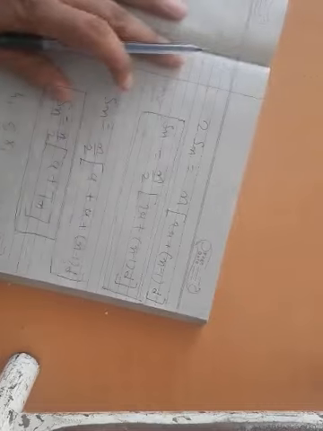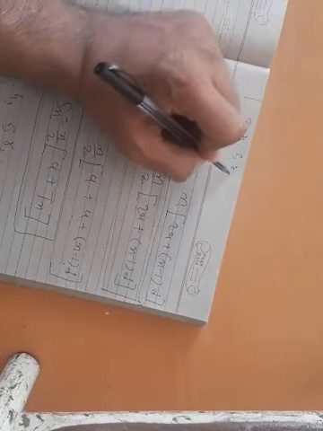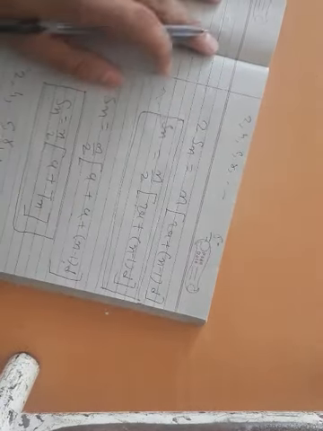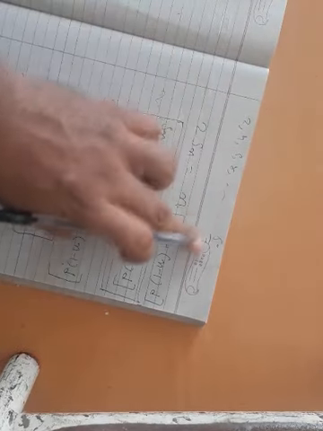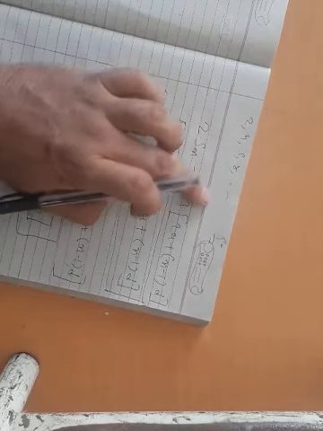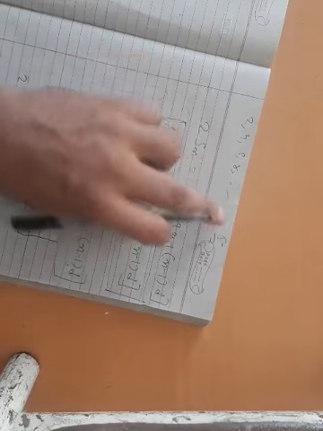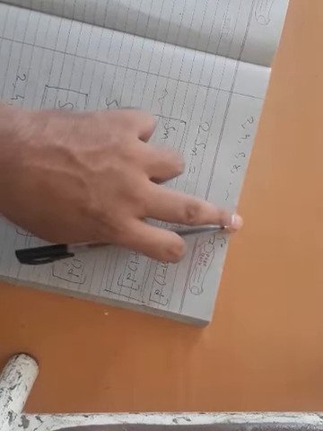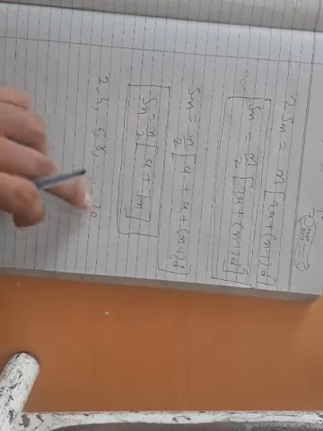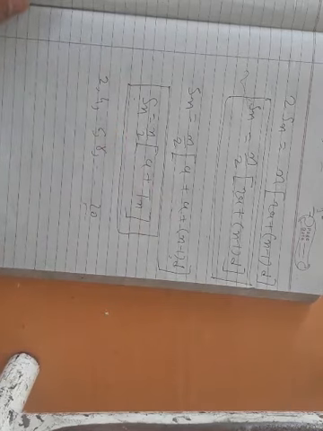But if there is an AP, let's say 2, 4, 6, 8 again, and we need to find the sum of first 50 terms. Now here we can easily figure out what the 50th term will be, but in this type of question, I am just trying to tell you that when we don't have the nth term, we will use this formula. And in this kind of question, when we have the nth term, or we can also call it the last term, we use the other one.